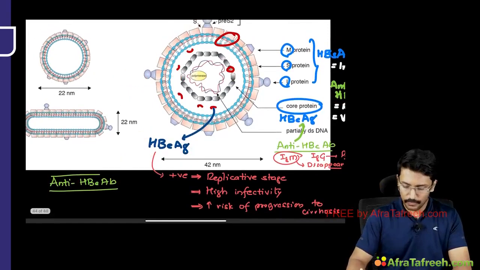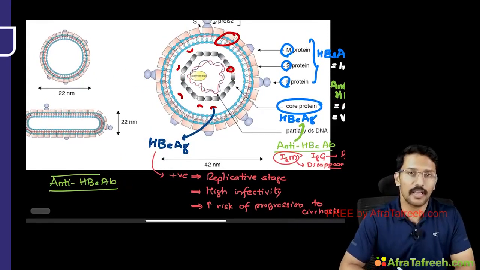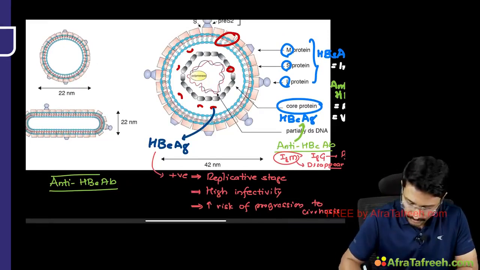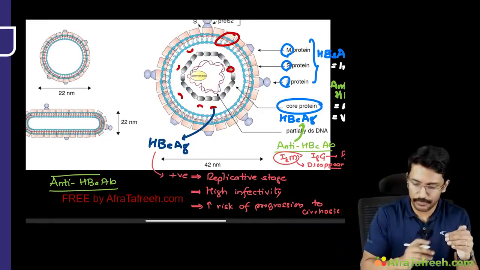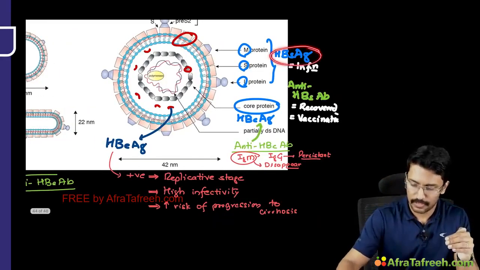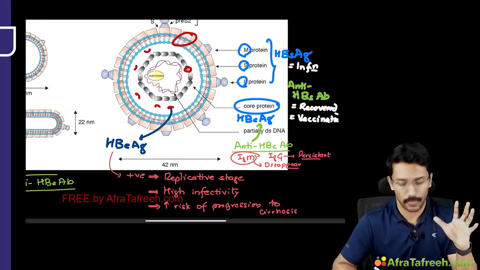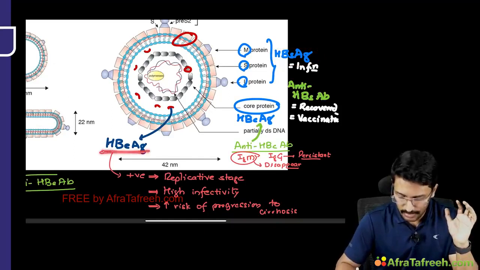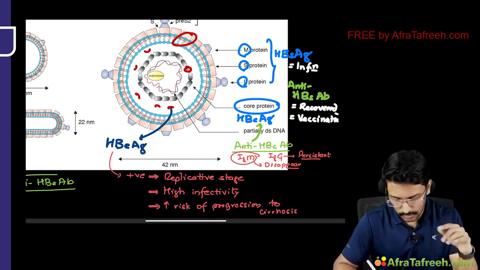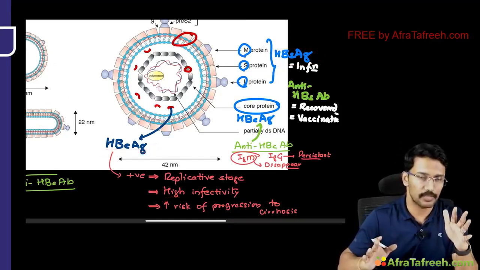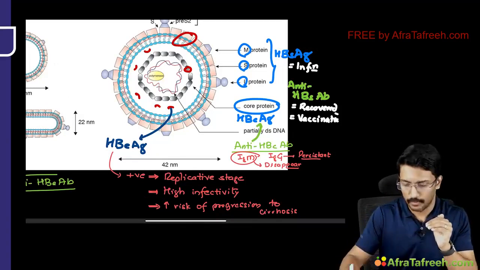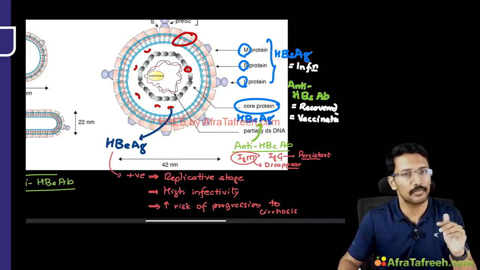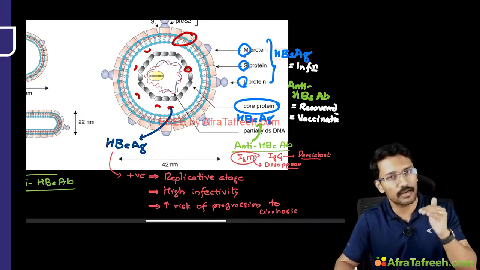Now, what is the relative importance of doing anti-HBe antibody? If you have anti-HBe antibody positive and the surface antigen positive, what does that indicate? It indicates that HBeAg is now not being produced, or it is suppressed, right? So that means viral replication is low, but you have surface antigen still present. That means infection is still there, but the viral replication is low.